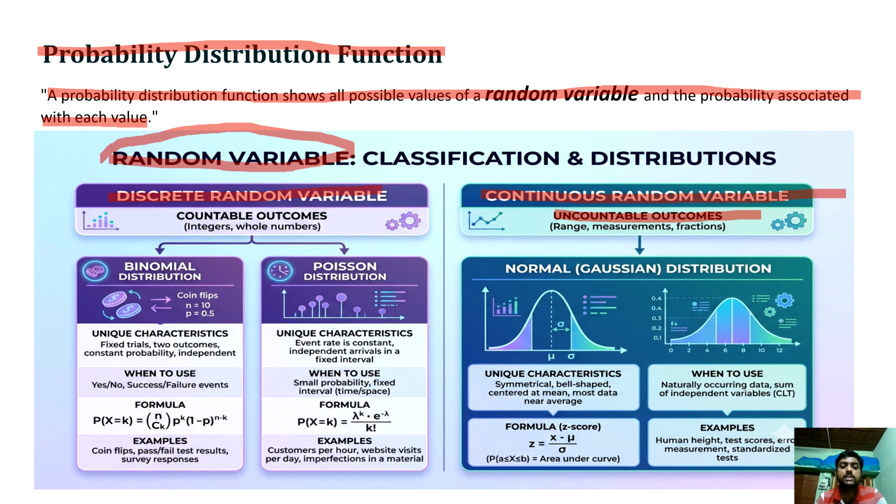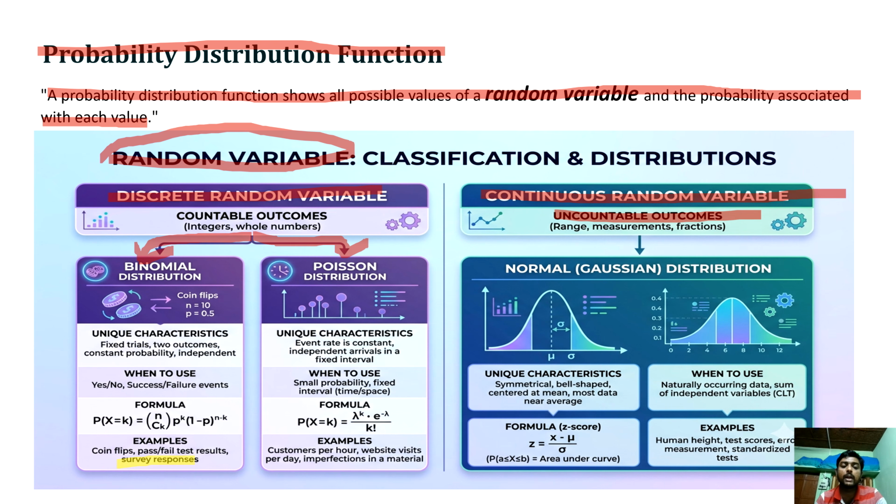So in case of discrete, there are two distributions. One is the binomial distribution, where only two outcomes are there, and the other is the Poisson distribution, where the event rate is constant and arrivals are independent in a fixed interval. So, what is binomial distribution? Examples: coin flips, pass or fail, survey responses, son or daughter probabilities.